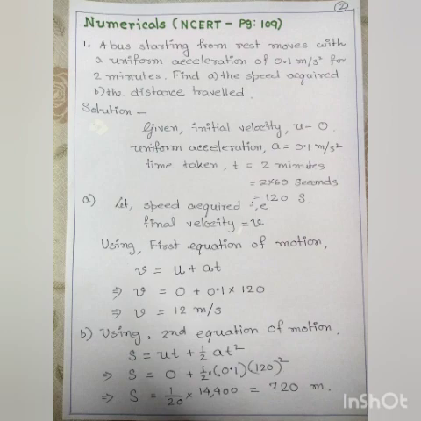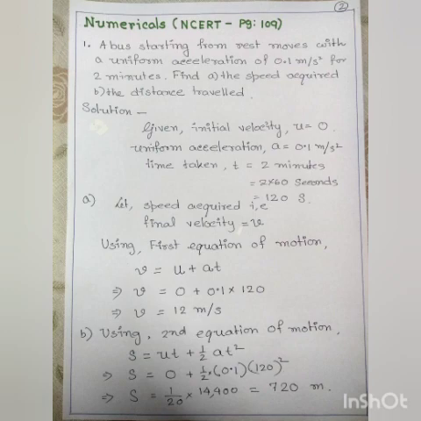Then you can substitute u equals 0 and, in place of a, you can substitute 0.1. From there also you can get the value of displacement s, and v will be here 12 meter per second.